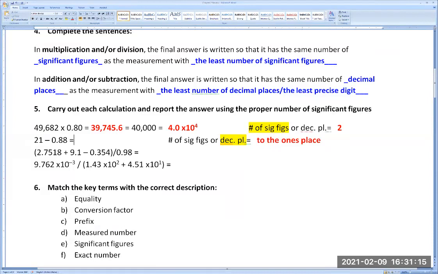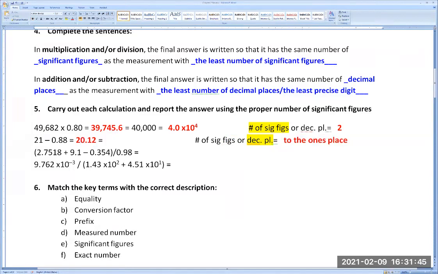So let's do the calculator answer. So 21 minus 0.88. And remember how your calculator doesn't know about these rules, and so you have to think about them each time. So that's the calculator answer. And now we need to round to the ones place. To the ones place, that means here to the 0.